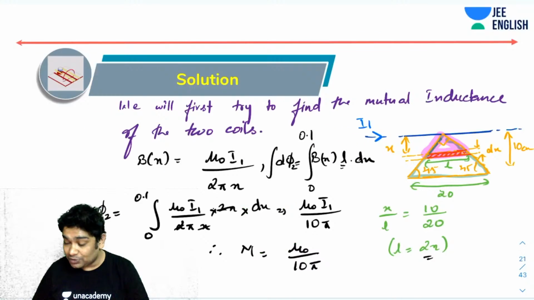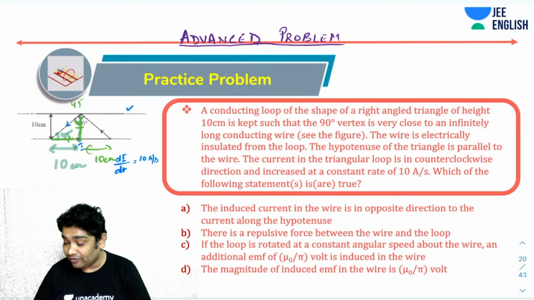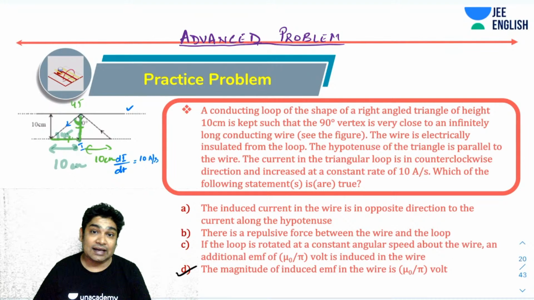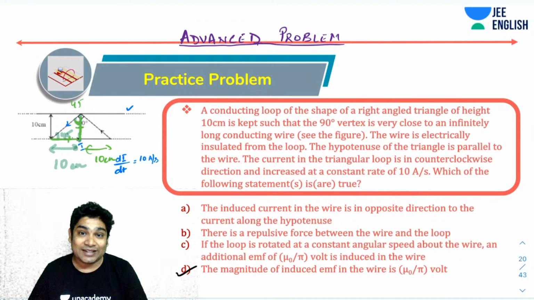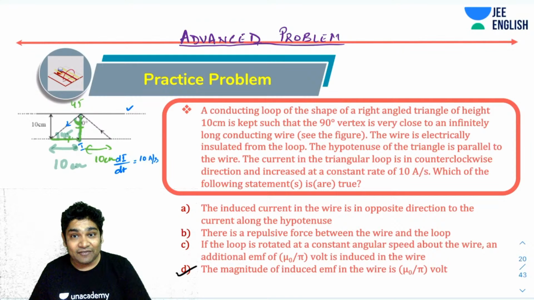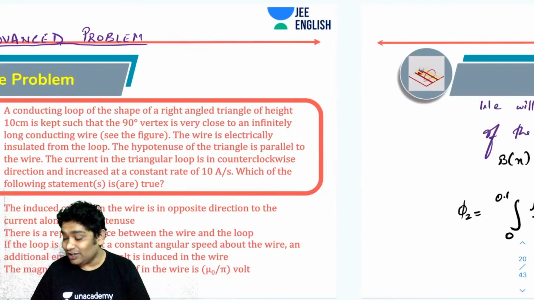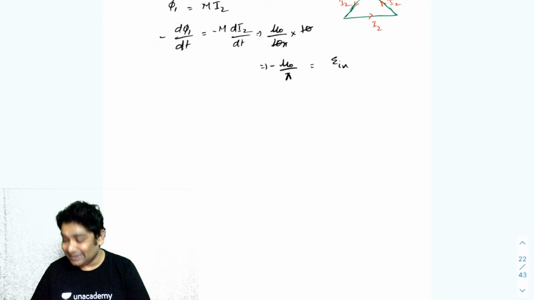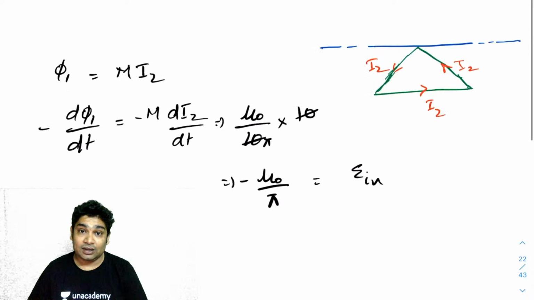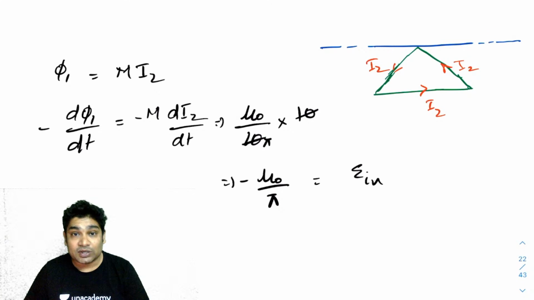Now let's see the options that we have. So magnitude of induced EMF is this. Yes, this is correct. Now in this question, more than one was correct. Now let's try and figure out the direction of the induced current. What will be the direction of the induced current? Okay. So this is increasing, right? This current is increasing. In what direction is it producing the flux?